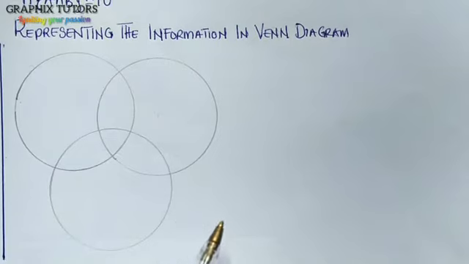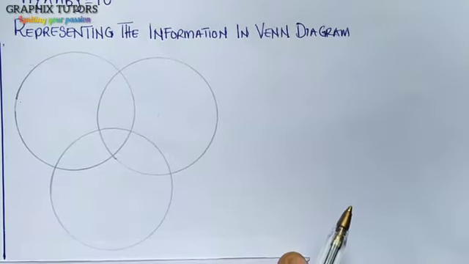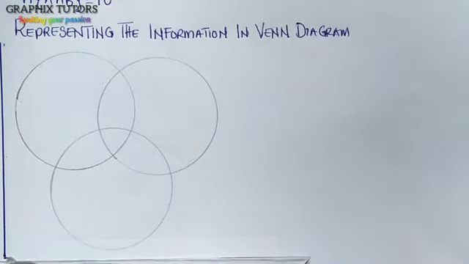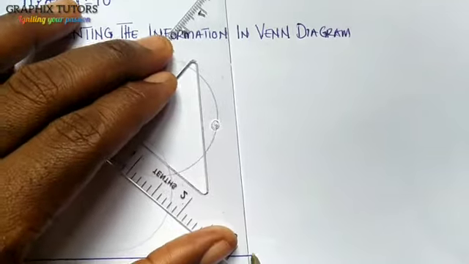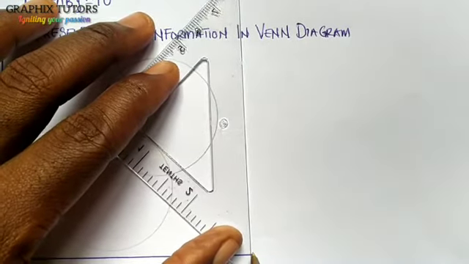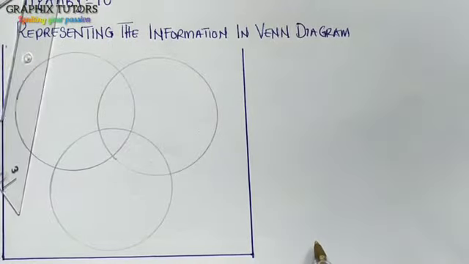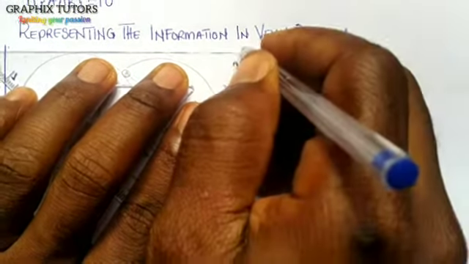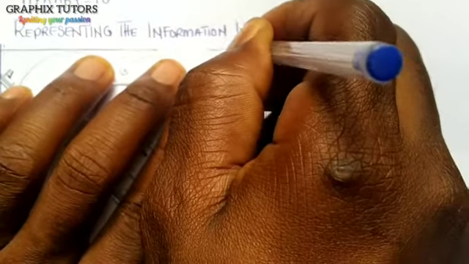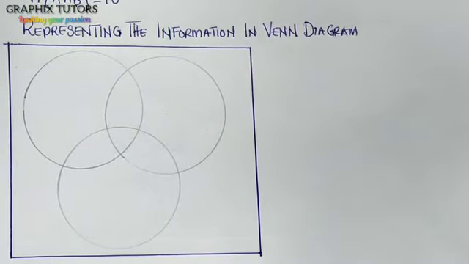And then you close it up this way, and you do this way, and let's close it up here, and just make it. See what we have here. That is our Venn diagram.